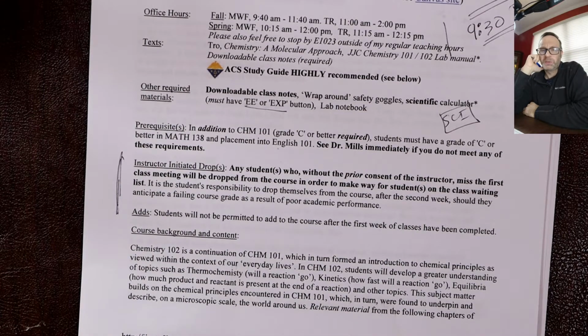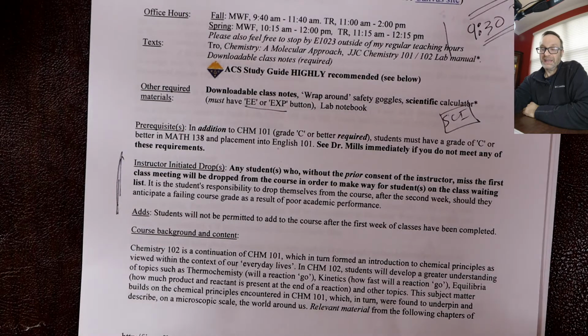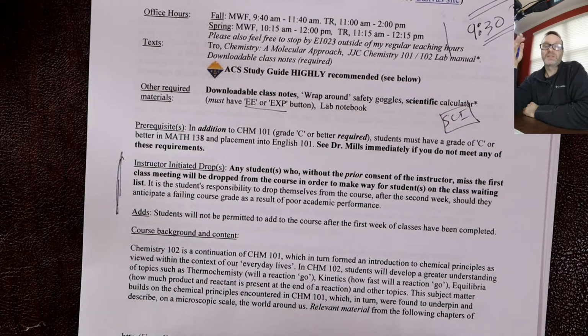How fast will it go if it works? And that's kinetics, okay? And then how much will I get, which is equilibria. Okay, so those are the three major topics in Chemistry 102, thermodynamics, kinetics, and equilibria. Around that there's a few other minor topics which we'll look at as well, but those are the main ones. Yes or no, how fast, how much, essentially.